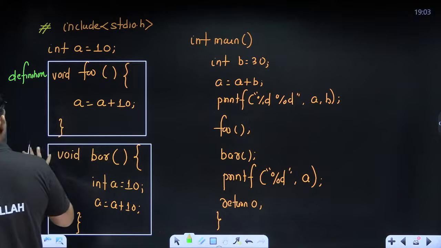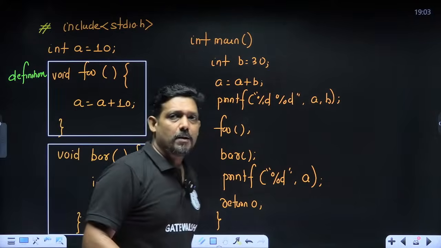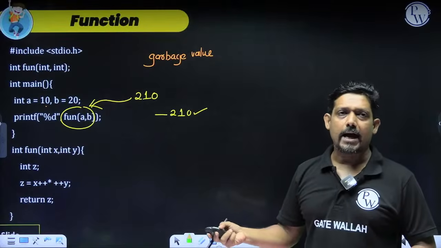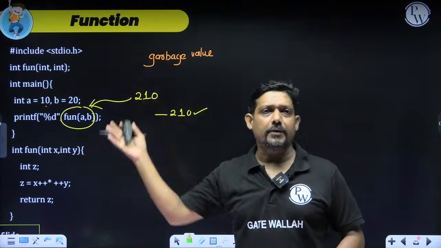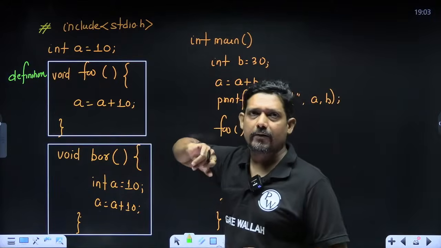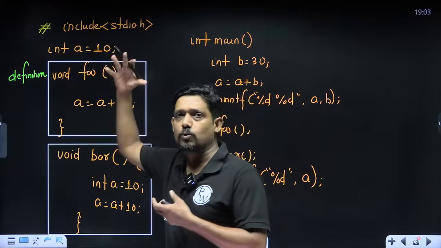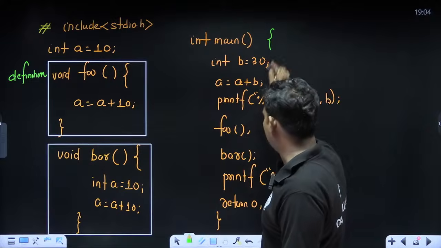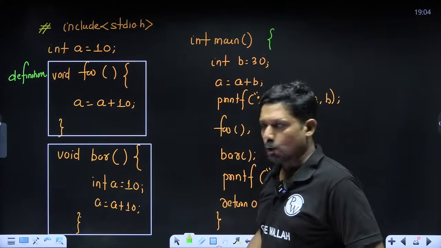I had directly given the function definition. Before that, it was forward declaration, then definition. Here it is direct definition. Also notice the global variable: whenever a variable is declared outside of the main function, outside of any block, it is considered a global variable.